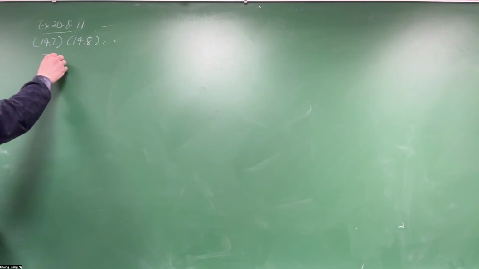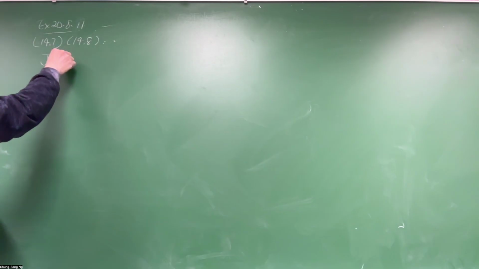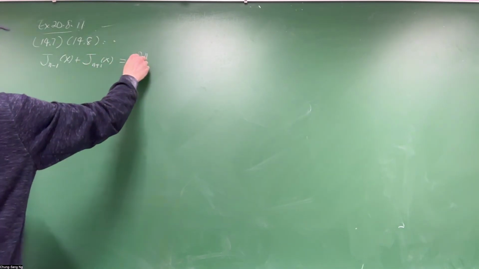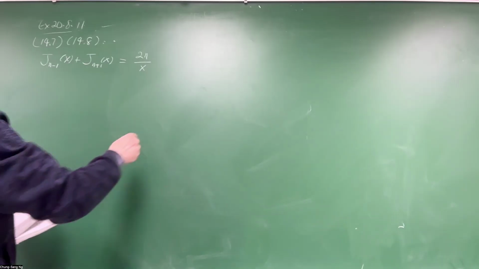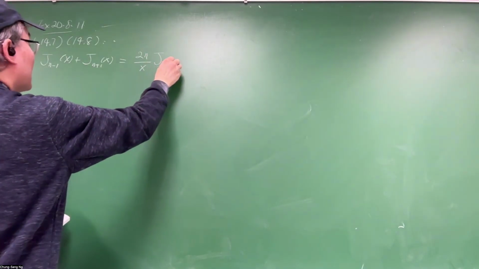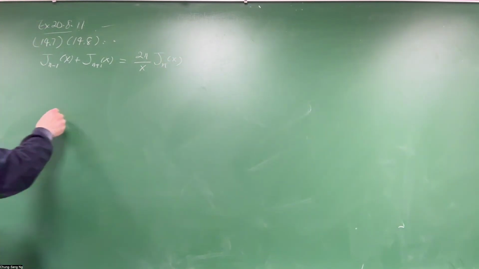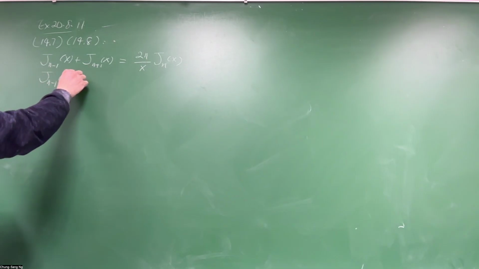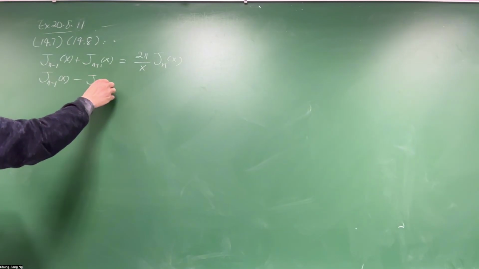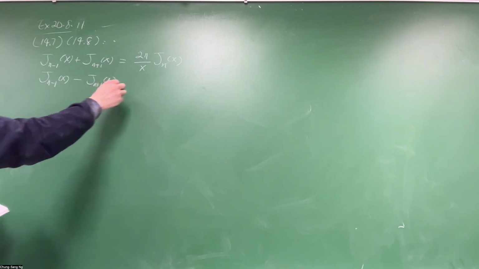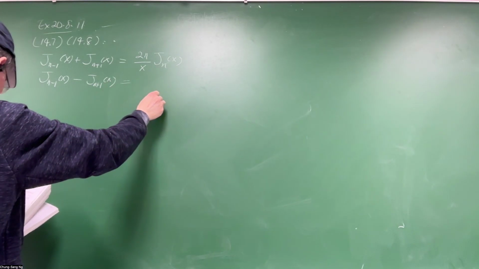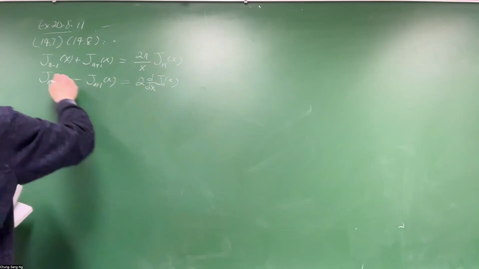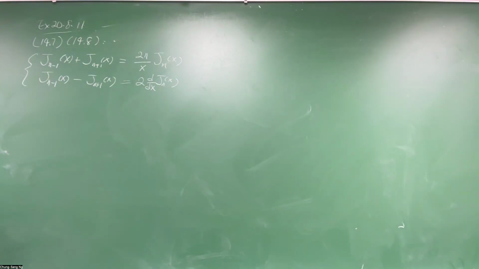That is, J sub n minus 1 minus J sub n plus 1 is equal to 2 J sub n prime, which is just 2 d/dx of J sub n.